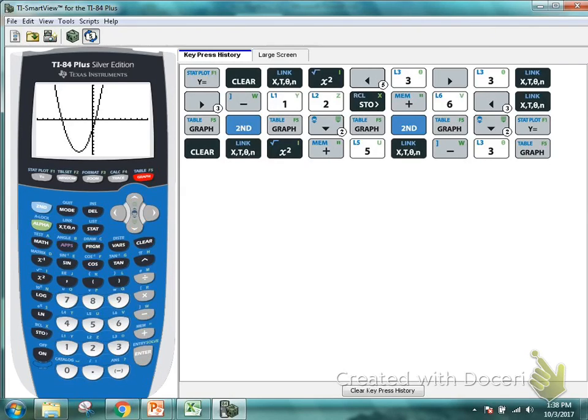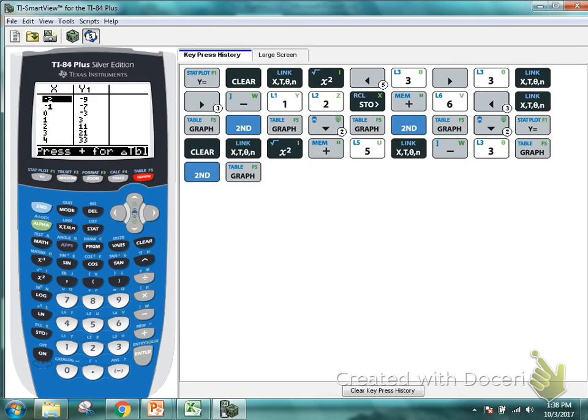It's going to look something like that. And then you go second graph, and you bring up that table value. Now, what was our vertex x coordinate? Negative 2.5. So our vertex lies between negative 2 and negative what?